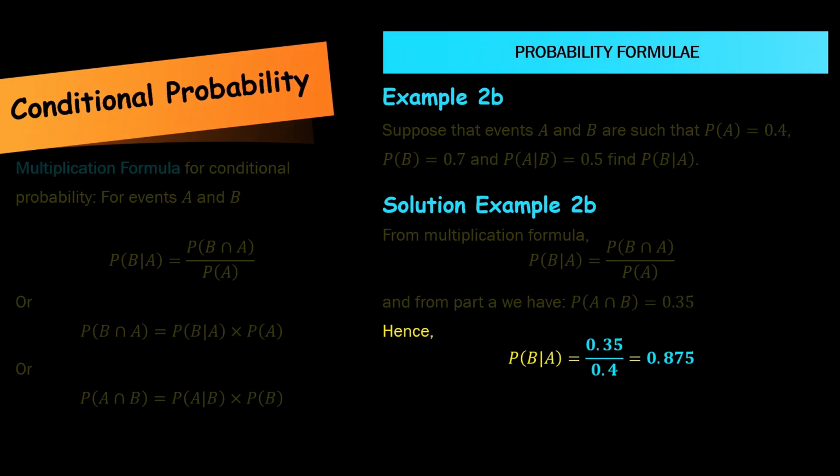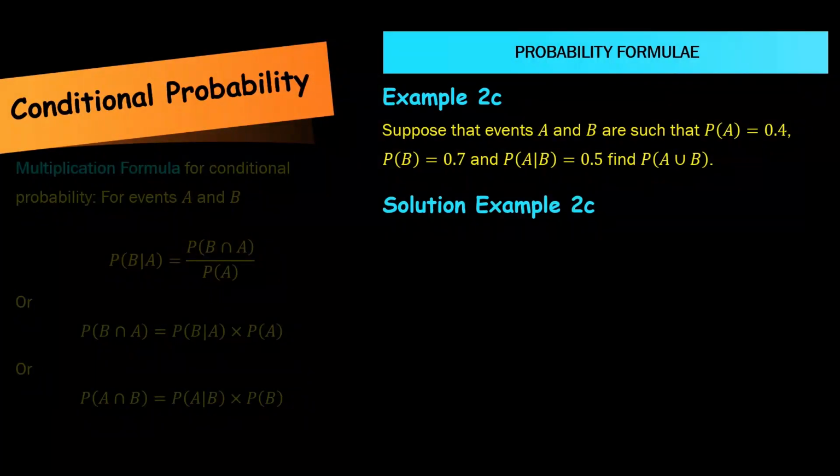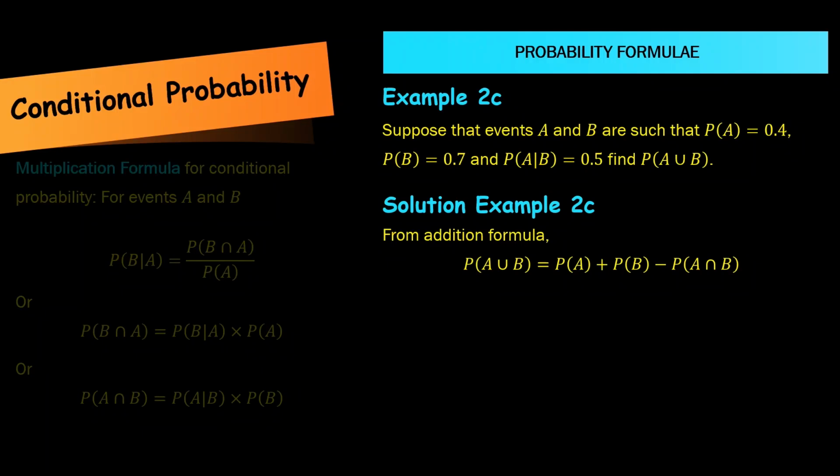Now let's solve part C. We're required to find the probability of A union B, so we are now going to use the addition formula.